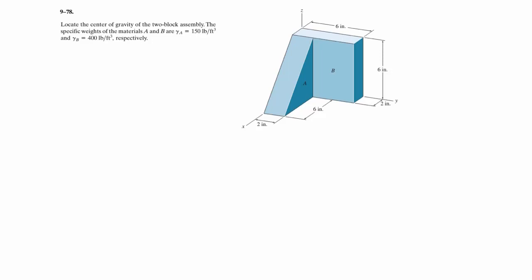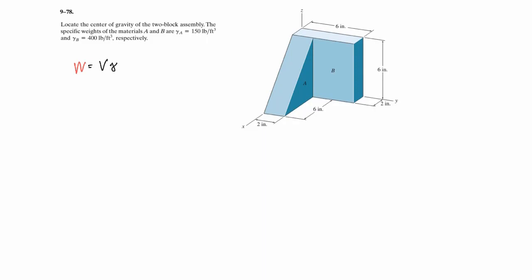All right, I am going to give you those pretty easily here. I'm going to say that the weight, okay, it gives you which one is A and which one is B. This is A and this is B. If you recall, the weight of a structure is equal to the volume times the specific gravity.